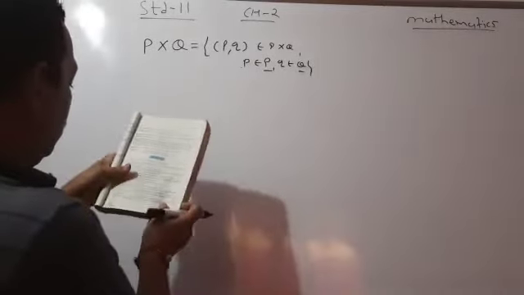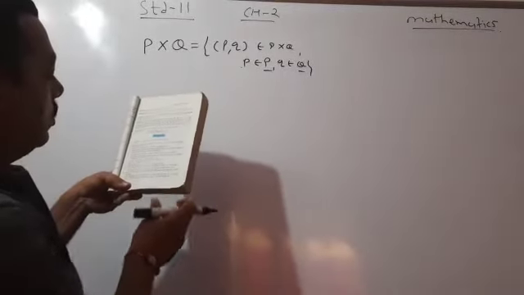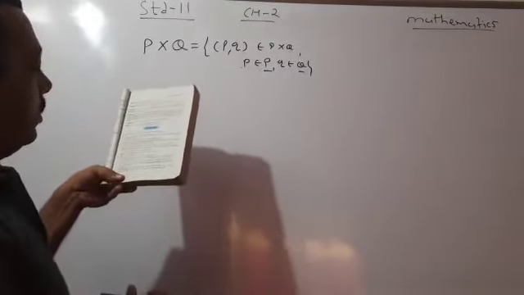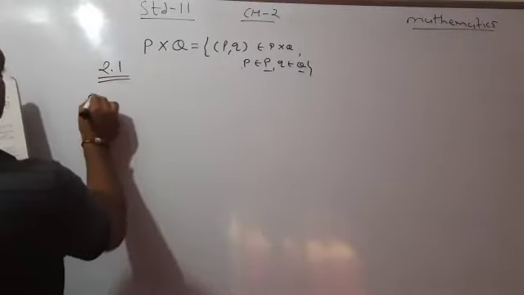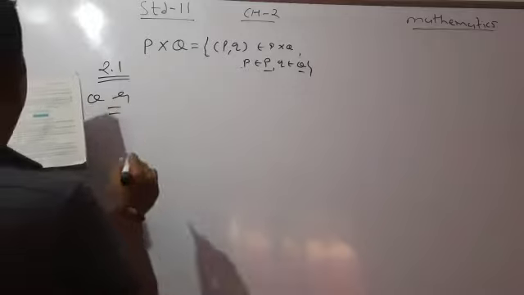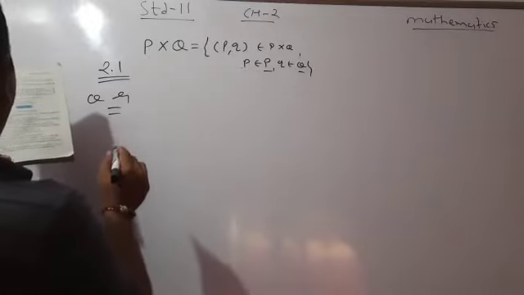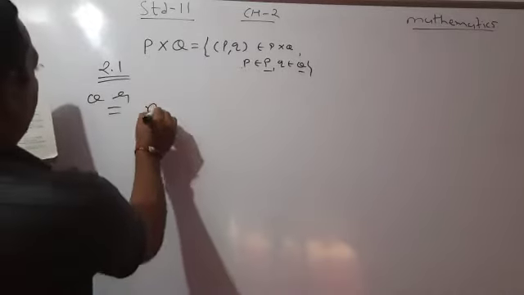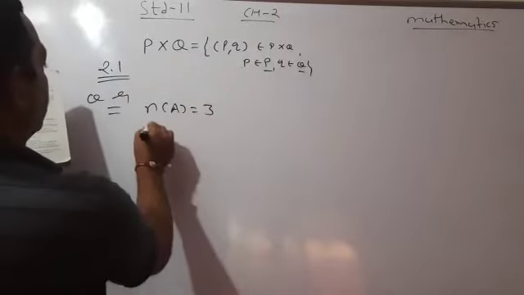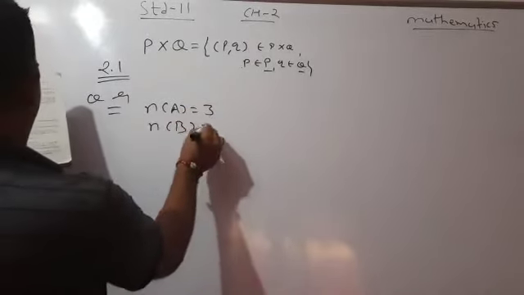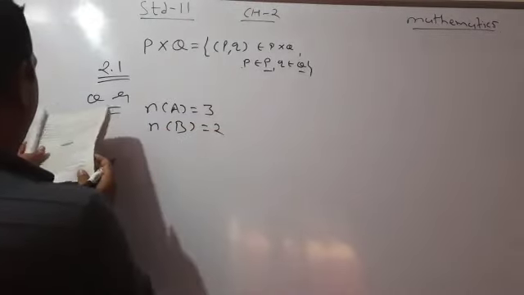In the 9th question, let A and B be two sets such that n of A is equal to 3. We will continue with exercise 2.1. Question number 9: A and B are two sets such that n of A is equal to 3, n of B is equal to 2.